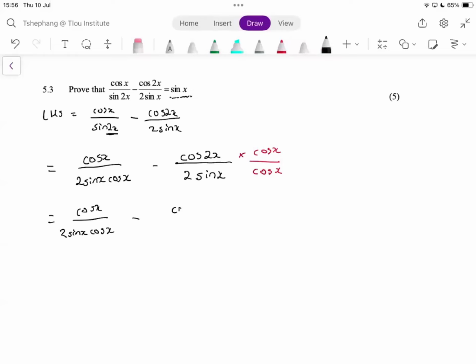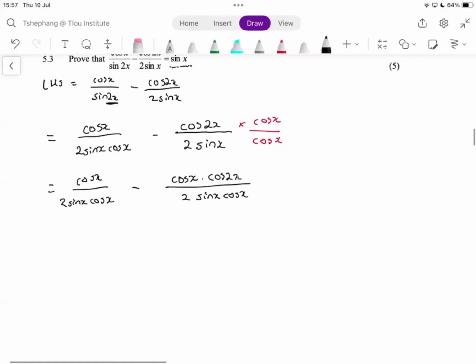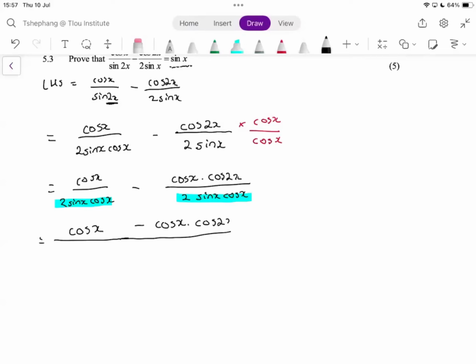Minus cos x multiplied by cos 2x over 2 sine x cos x. Hope everyone is following. Then we have an LCD. Check exactly the same. This is what? Cos of x minus cos of x multiplied by cos of 2x with one denominator.